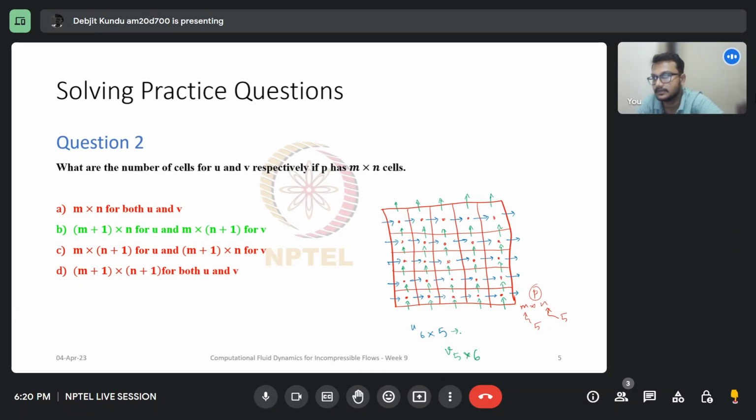So this basically means m plus 1 cross n. And similarly for v, what we got was m cross n plus 1. So that's why option B would be the correct answer: m plus 1 cross n for u and m cross n plus 1 for v. Right?